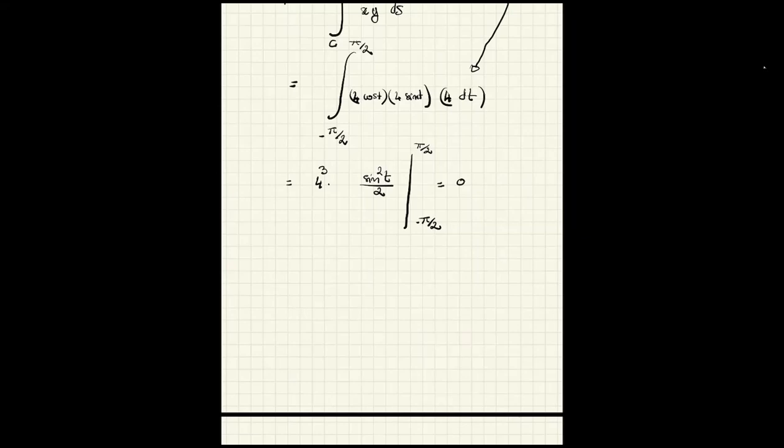We can define also other types of line integrals.